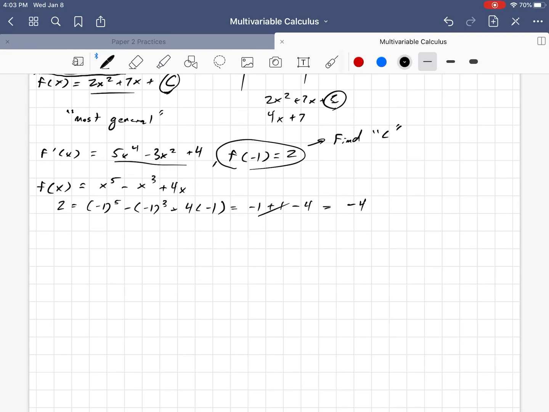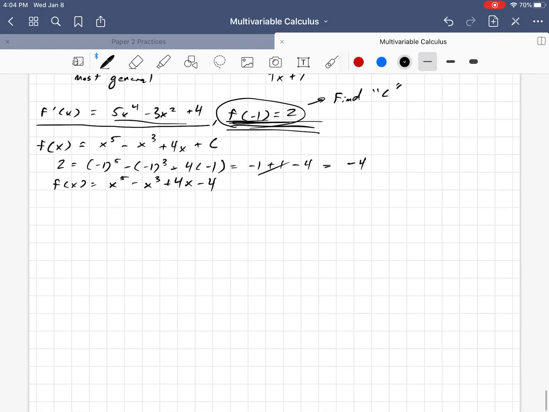So since we have restricted our function by this initial value or initial condition, as you will hear it called in a textbook, the only function that satisfies both this and this is the following. F of x is equal to x to the 5th minus x cubed plus 4x, oh, I should have had a c here, whoopsies, minus 4. And that is the only answer in that particular case when we have this initial condition.